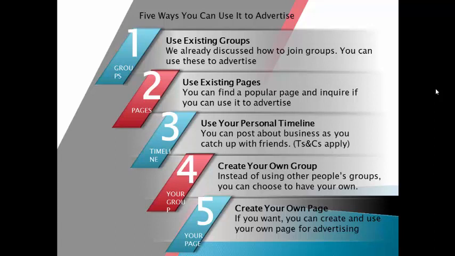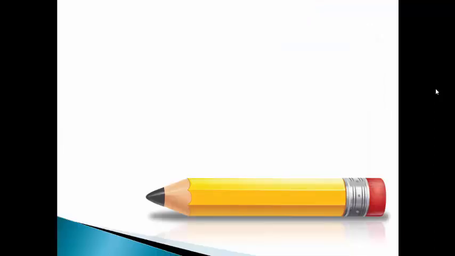Like I showed you in the previous one, Mwanawanga has got more than 33,000 people. That was my page. I've been using it for advertising. I created it the first time that I had a business where I was selling things, and that's how it started growing. So that's one way to use your own page for advertising.